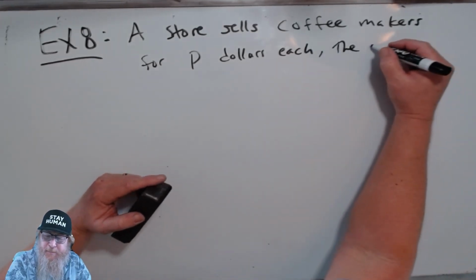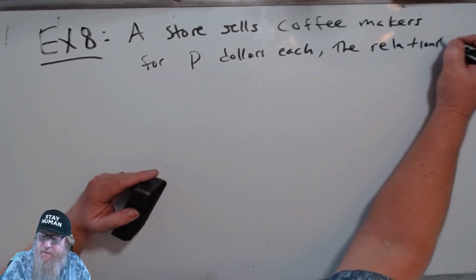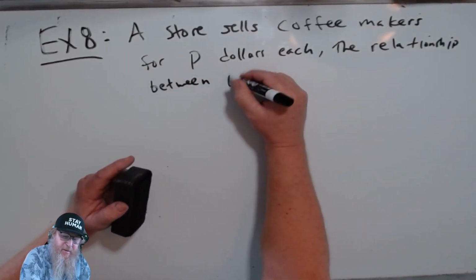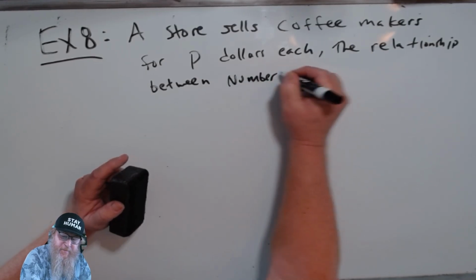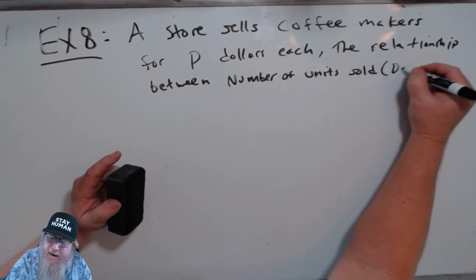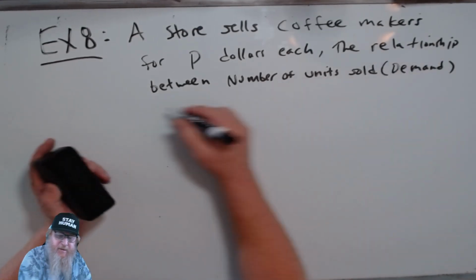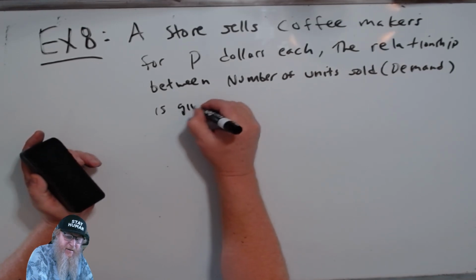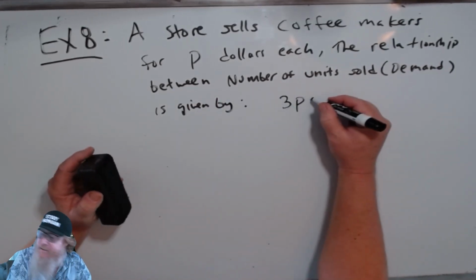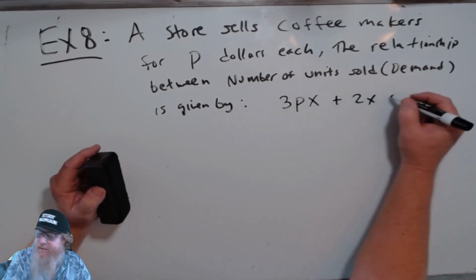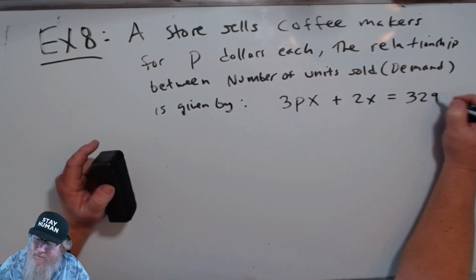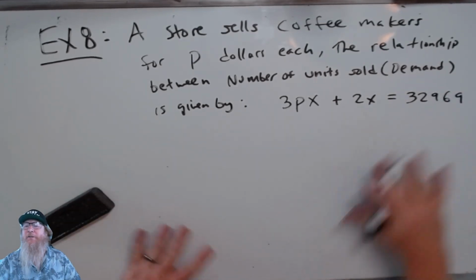The relationship between the number of units sold, called the demand, is given by, now this one's not quite as simple, it's given as an equation.